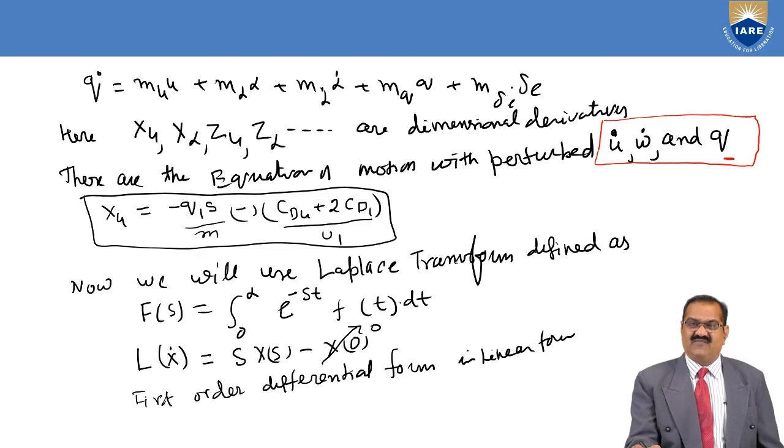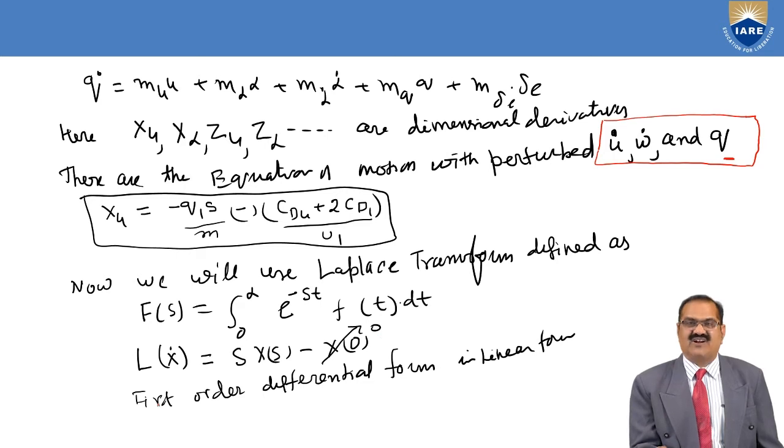So we can define the function F of s as the integral from 0 to infinity of e to the power minus s t times f of t into d t, and the Laplace transform of x dot is equal to s X of s minus x at 0. We can assume that this x at 0 is equal to 0.